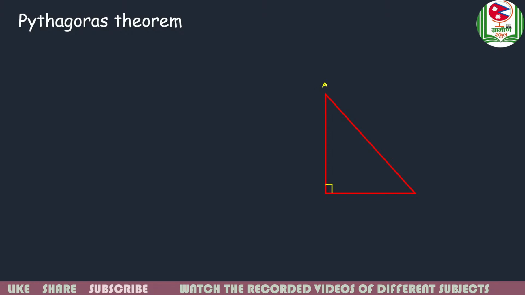This one is A, this one is B, and this one is C. The side opposite to vertex C will be small c, and the side opposite to B is small b. The side opposite to vertex A is BC, known as a. So the length of side BC is a, the length of side AC is b, and the length of side AB is c.